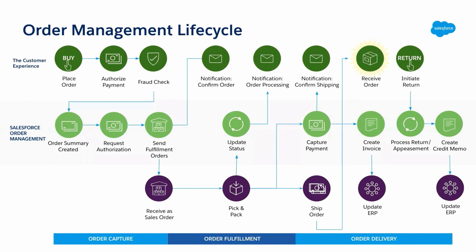After the shopper clicks buy, the steps to request authorization for payment, confirm inventory availability, send the order to a fulfillment center to get picked and packed, status updates, ERP updates, all of these steps happen behind the scenes. So order management is the system that talks to all of these third-party systems to help guide orders through fulfillment and servicing.